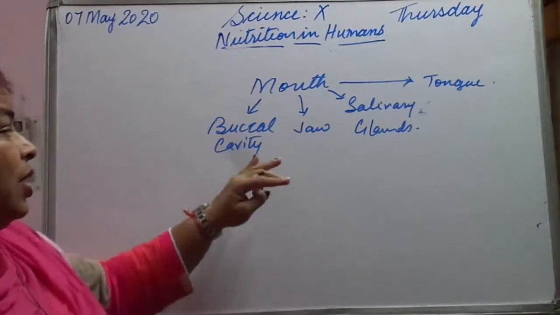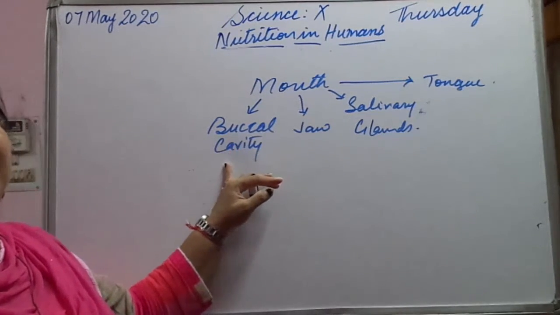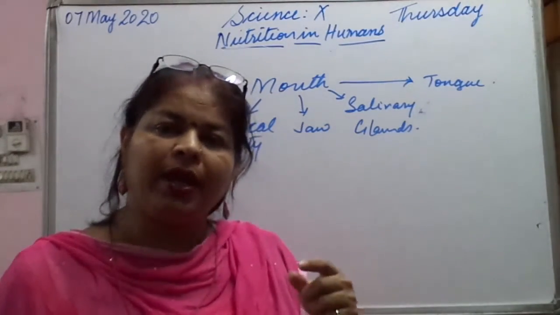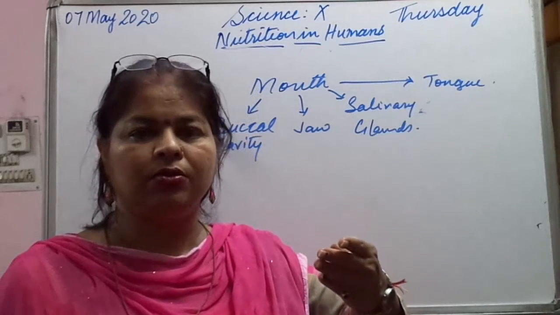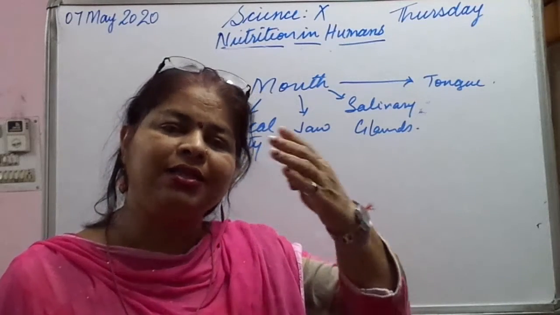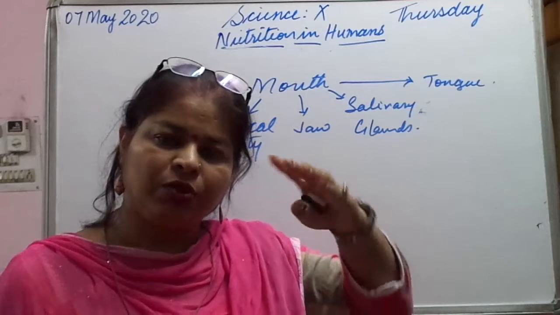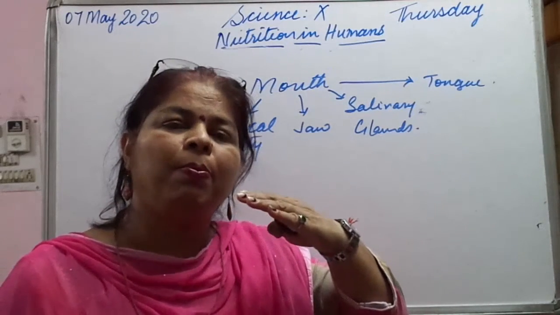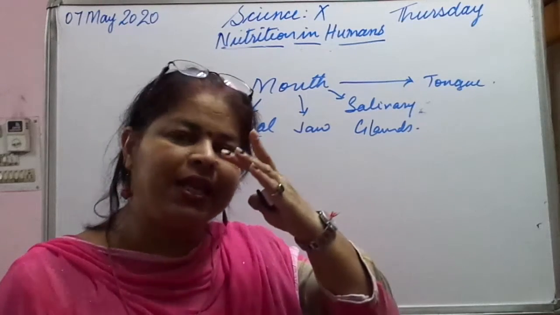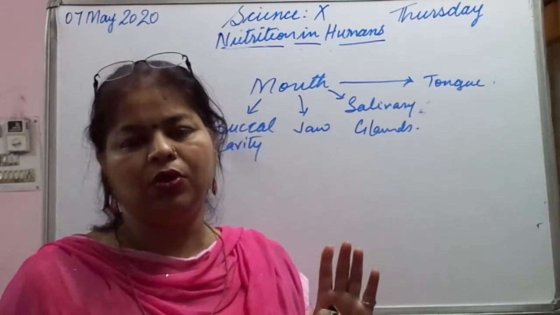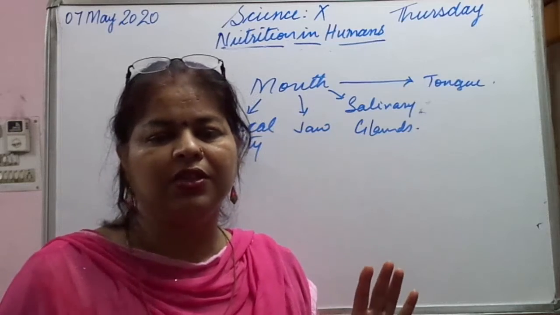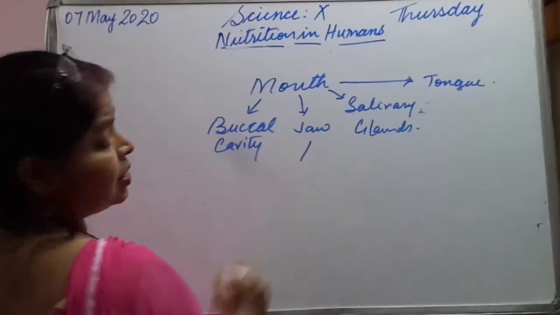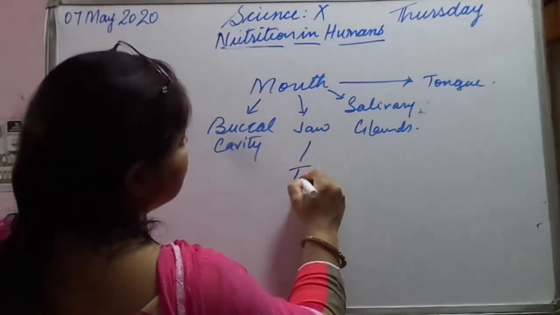Now buccal cavity. What is buccal cavity? Buccal cavity is the opening which is outlined by the lower jaw and upper jaw. And the upper jaw has the upper palate, which is the roof of the mouth, making a partition between the nasal cavity and the mouth. Now the jaw contains teeth.